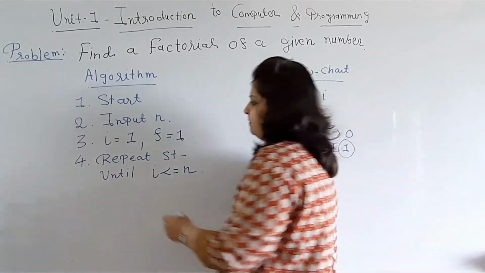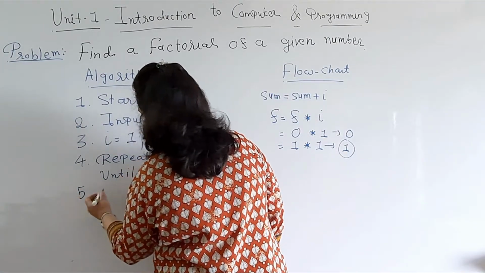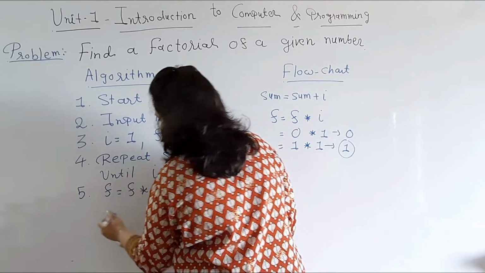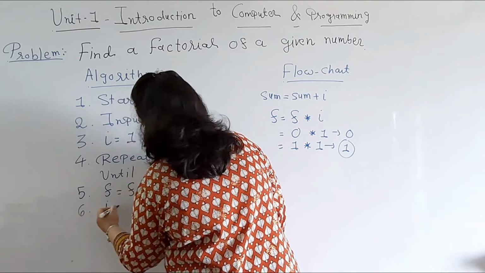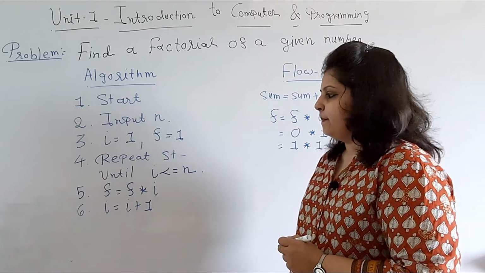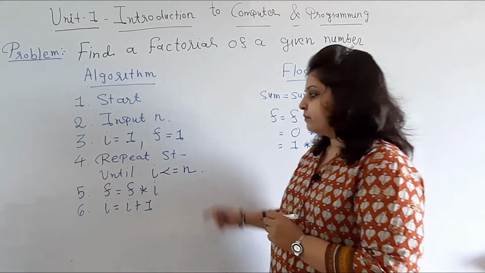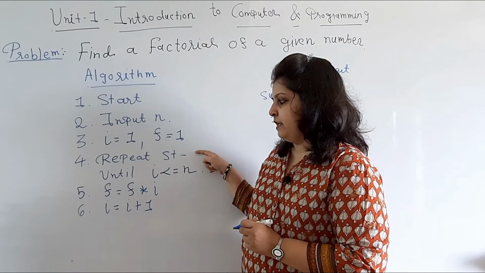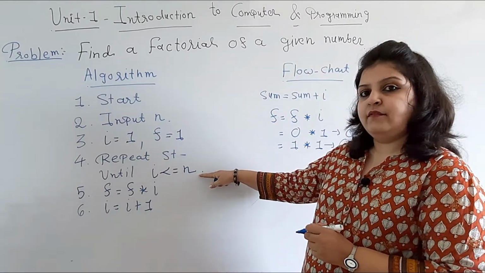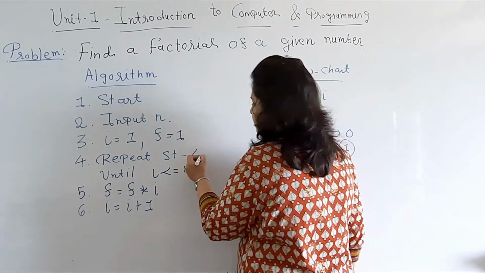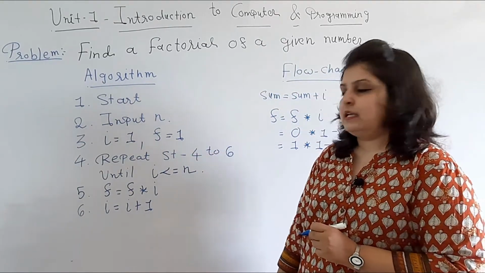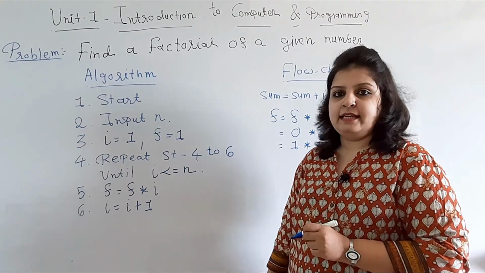Now the next step, instead of addition we write multiplication, and increment the value of our i variable. Now we have to repeat statement number 4 to 6 until our i is less than or equal to n. So here we can write 4 to 6. Now what will be the next step?